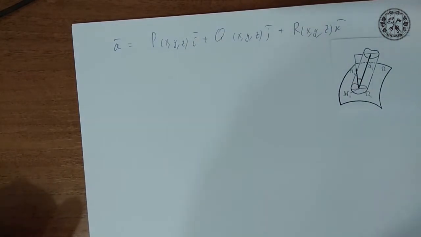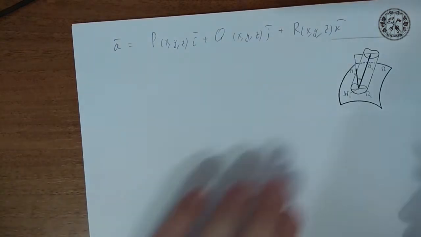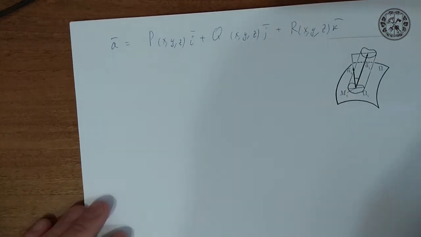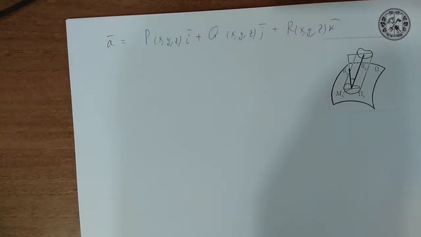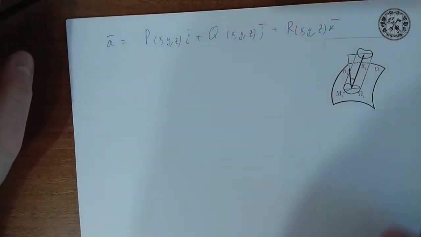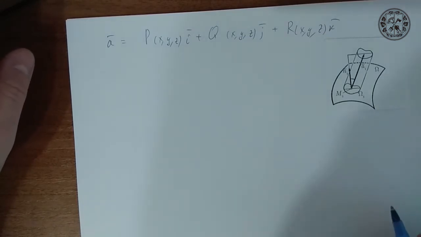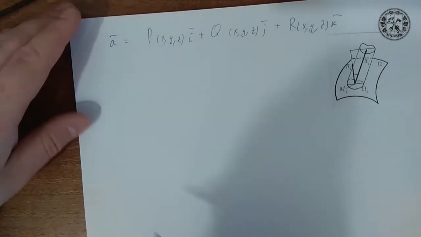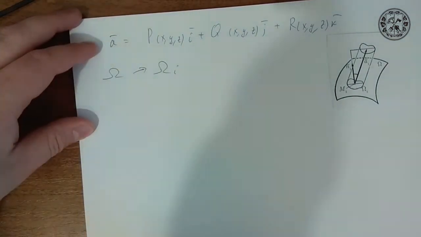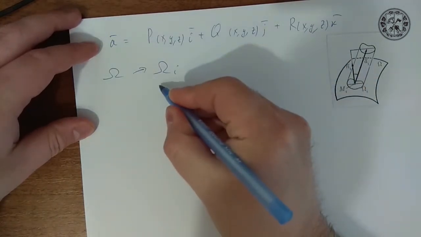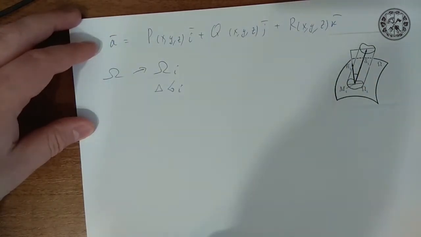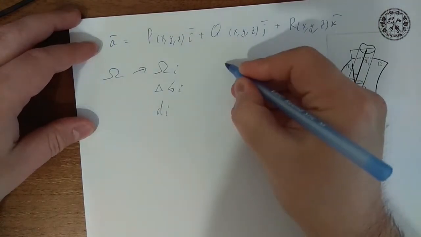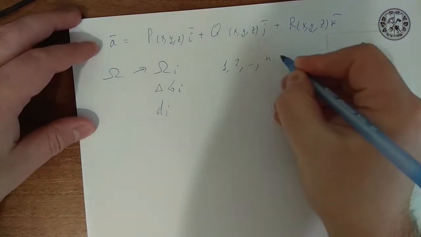And we have to determine the volume of the liquid that flows through part of the surface during some element of time, per second or per hour. So we can separate this surface omega using piecewise smooth lines into pieces omega i with surface delta sigma i and diameter d i. So this will be n parts.